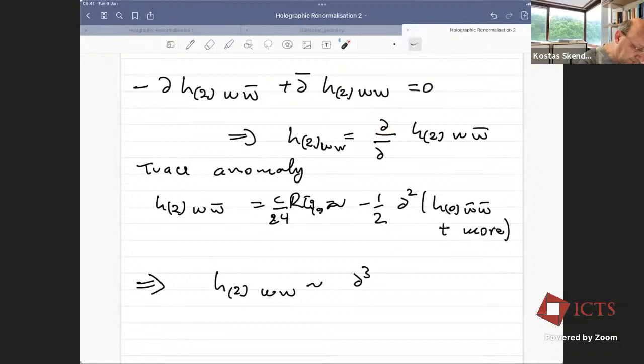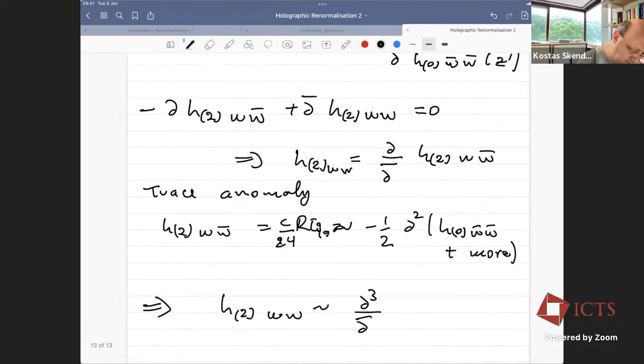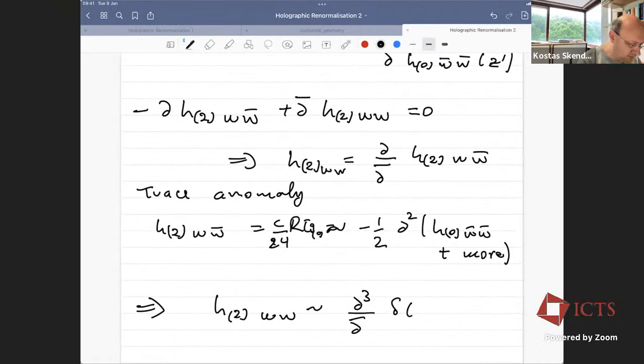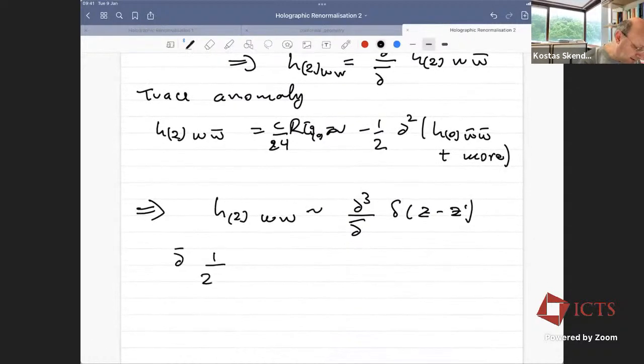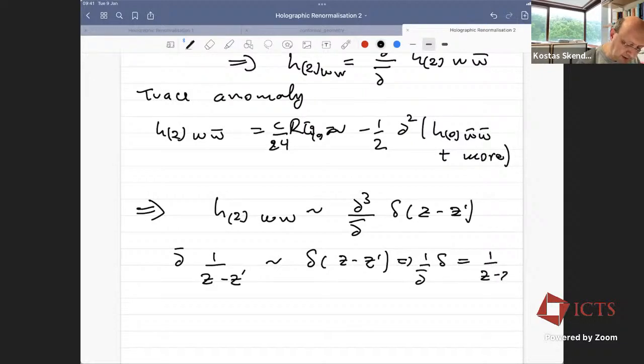So we get d3 divided by d bar, and we have a delta function. d bar of 1 over z minus z prime is proportional to delta of z minus z prime, or in other words, 1 over d bar of delta is the same thing as 1 over z minus z prime.